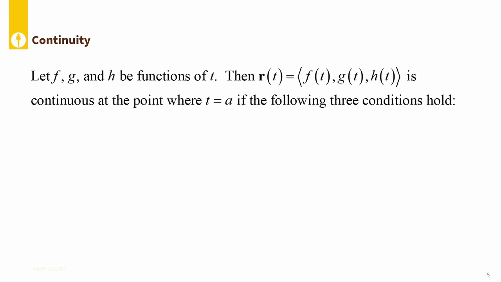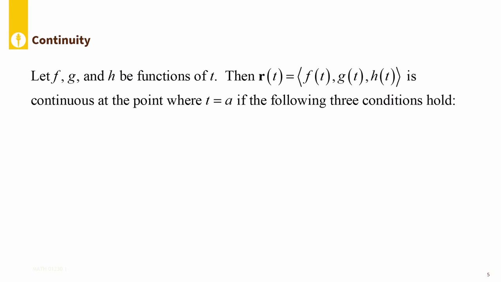So you would agree that for R to be continuous at A, each of the three functions would have to be continuous, right? So F would have to be continuous at A, G would have to be continuous at A, and H would have to be continuous at A.